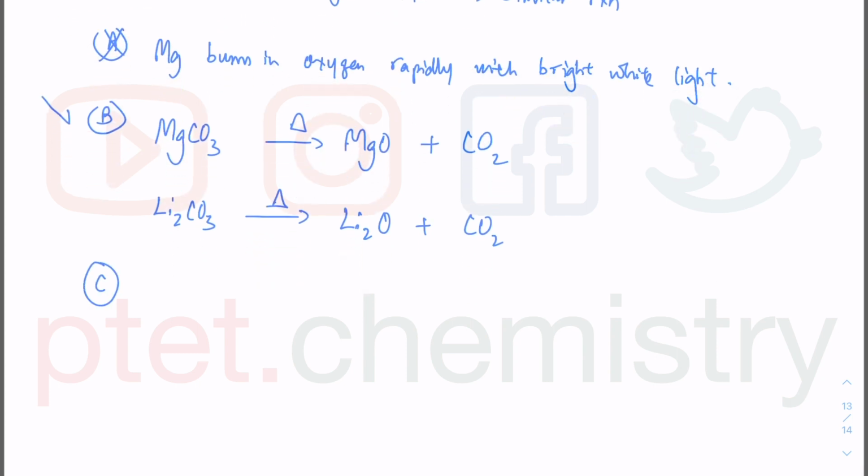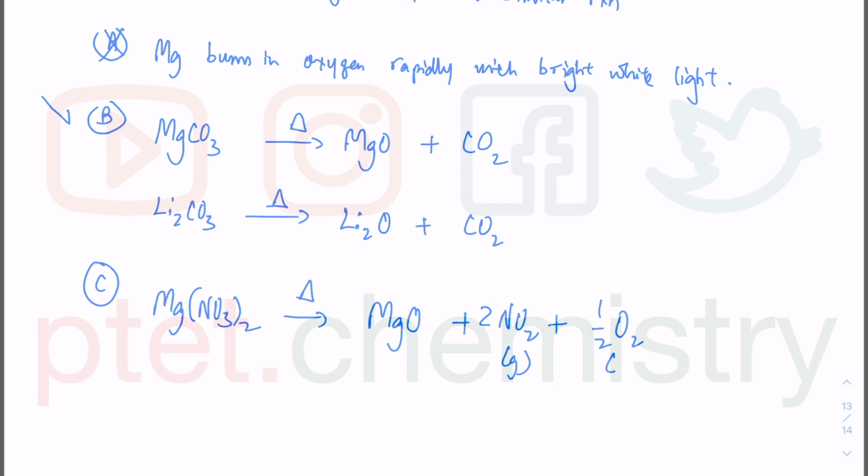In terms of C, I'll just very quickly show why it is wrong. We know that Mg(NO3)2 will decompose, the nitrate will decompose to give you magnesium oxide and NO2, so 2 of that NO2, and you get O2, which is half of 2. So you get brown gas NO2, and you get this colorless gas oxygen, which you don't usually see.